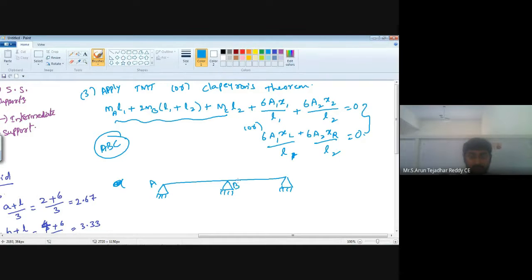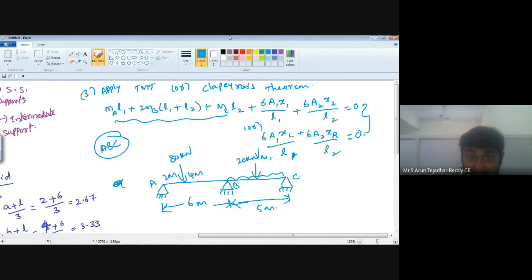From A to B it is 6 meter, from B to C it is 5 meter. There is an eccentric point load at 2 meter and 4 meter, and a UDL. The load is 80 kilonewton, and the UDL is 20 kilonewton per meter.